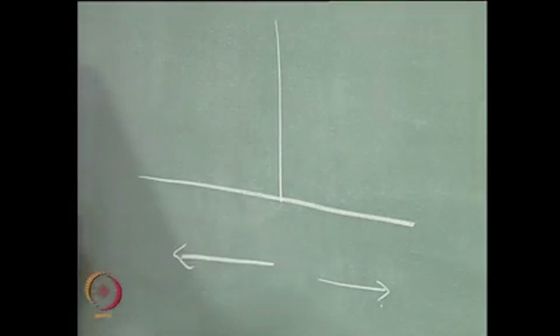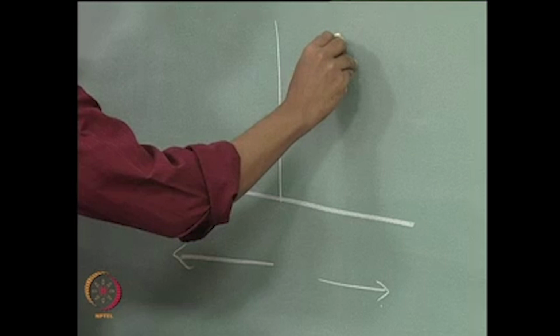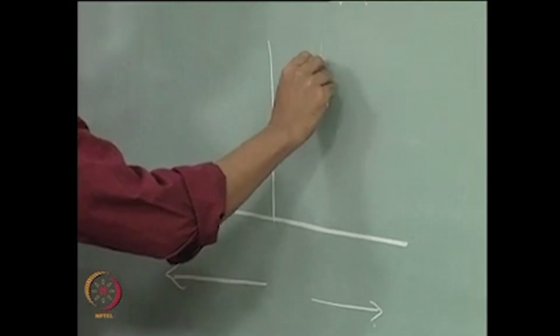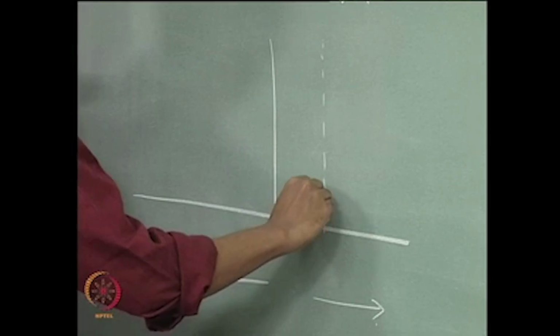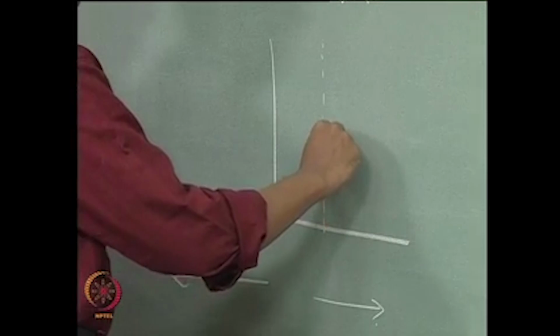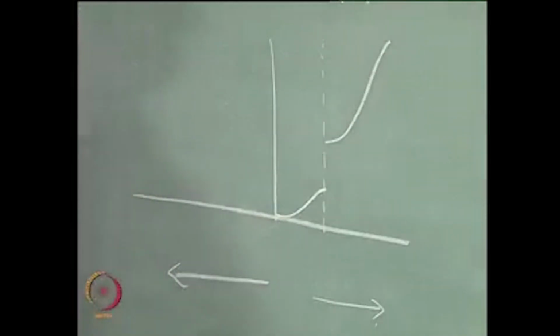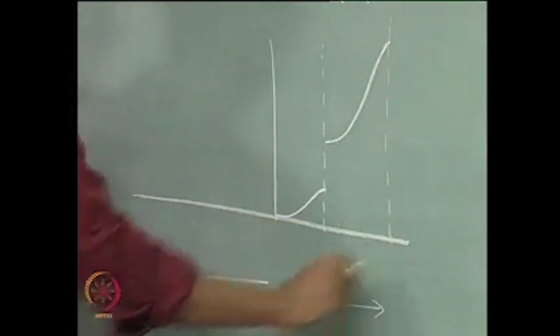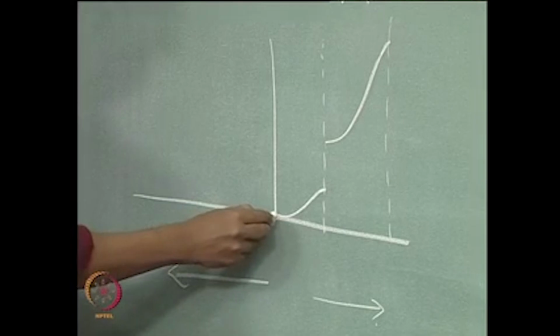These are two different directions in the lattice, just for arbitrary description's sake, and we will say that in one case we see a behavior where the band structure looks like this, and in another direction the band structure looks something like this.